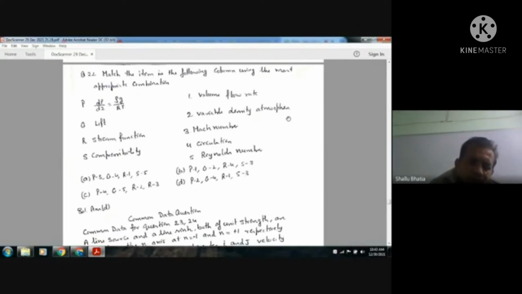Then we check it. Here it is variable density, so P is due to variable density atmosphere. Lift is due to circulation. The stream function represents the volume flow rate per unit depth, so it is related to volume flow. Compressibility is dp by d rho at constant entropy, which is related to Mach number.